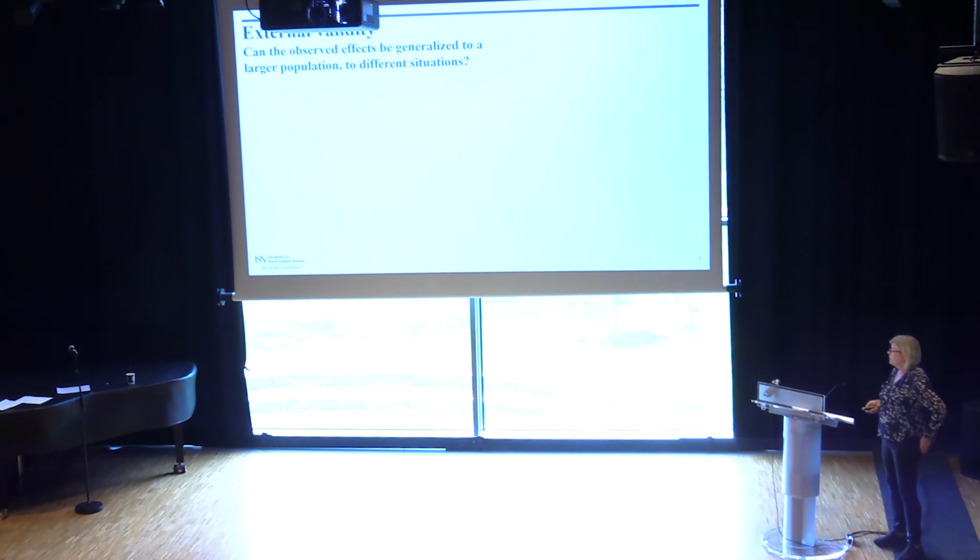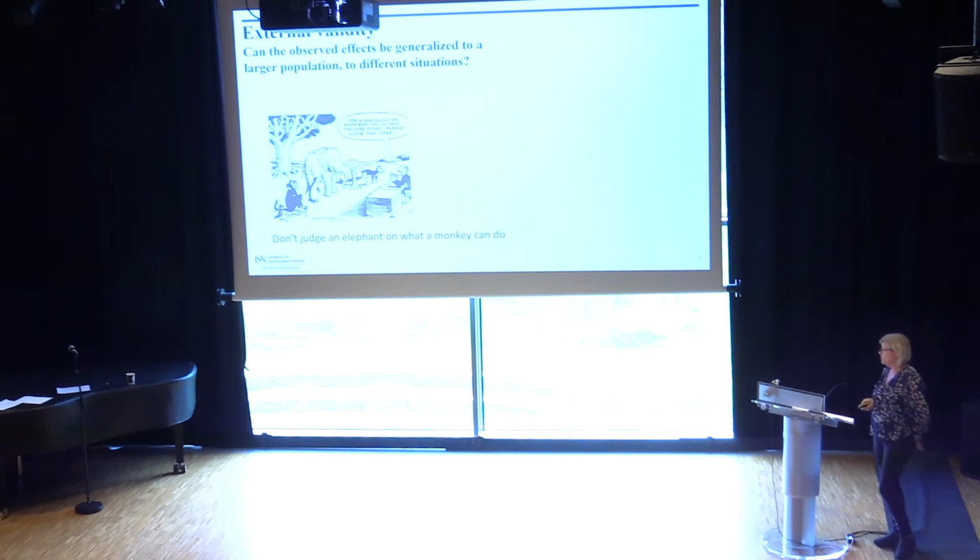And then the final type of validity, external validity, has to do with whether we can generalize our observations to a broader population. So this "don't judge an elephant on what a monkey can do" goes back to the heterogeneity of respondents: we have to understand the differences between people, and that we can only generalize to those that are similar, or we have to rule out the moderating factors.